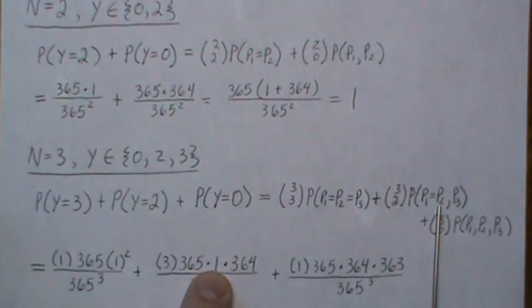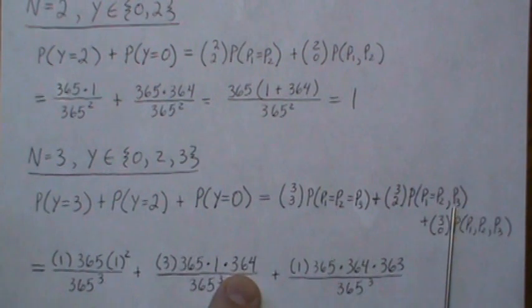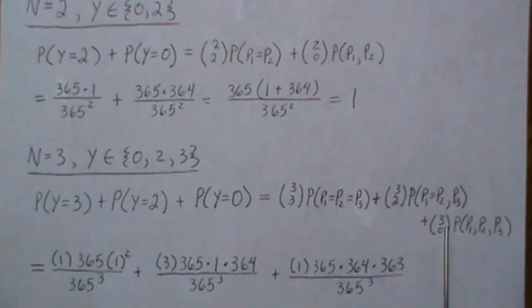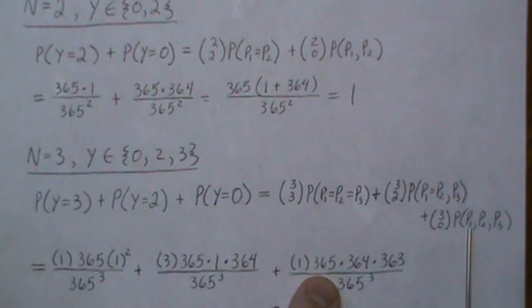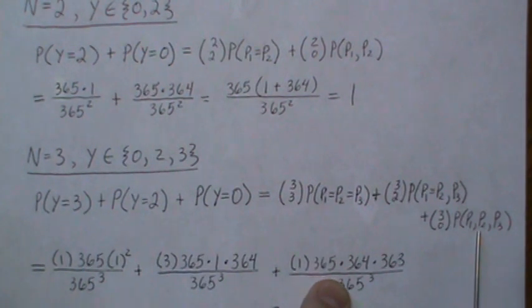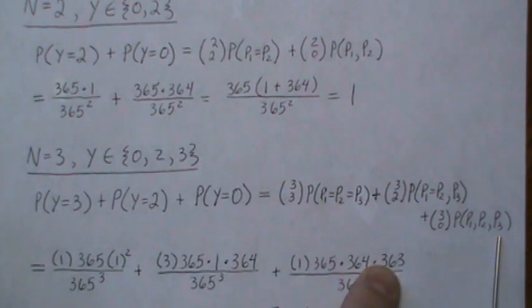Second person only has 1 because it has to match. And then the third person has 364 days. And of course, this is over 365 cubed. Here, 3 choose 0 is 1. The first person has 365 days to choose from. The second has 364. The third has 363 because they can't match over that.